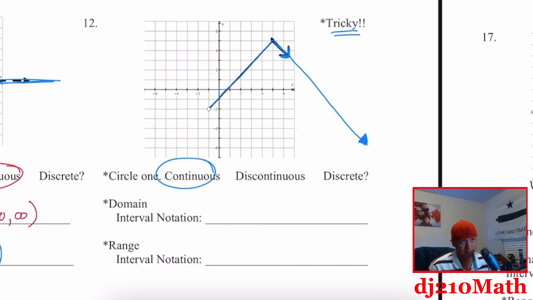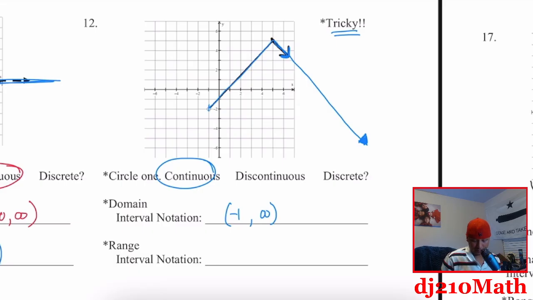It's just one graph. The domain, the most left, is -1, parentheses. And then most right is the arrow, infinity. When it comes to range, we go from bottom to the top. So again, this is why this is tricky, right?